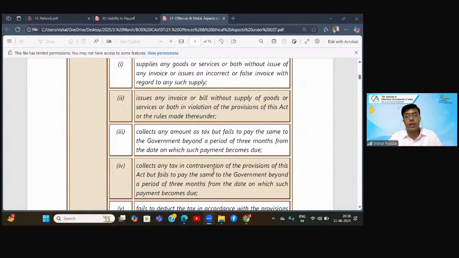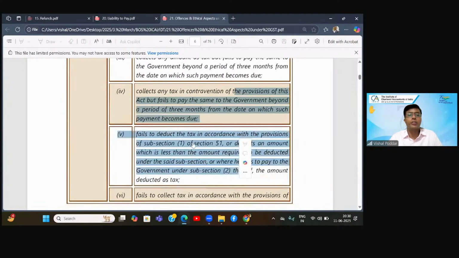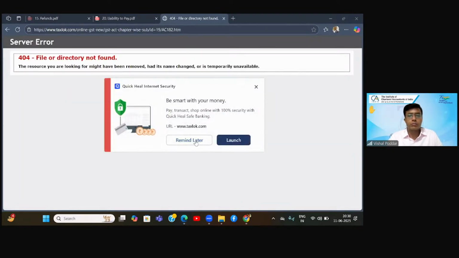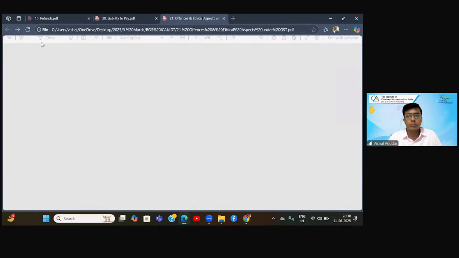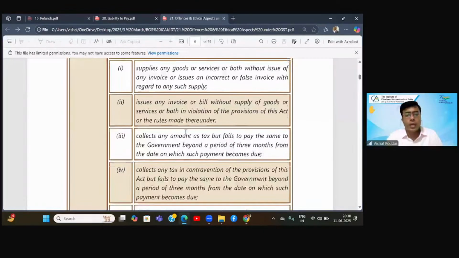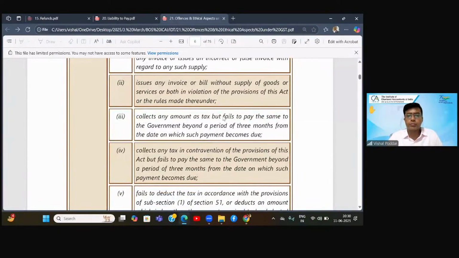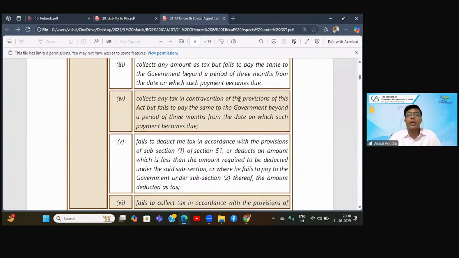Fourth, collects any tax in contravention of the provisions of the Act but fails to pay the same to the government beyond the period of 3 months.